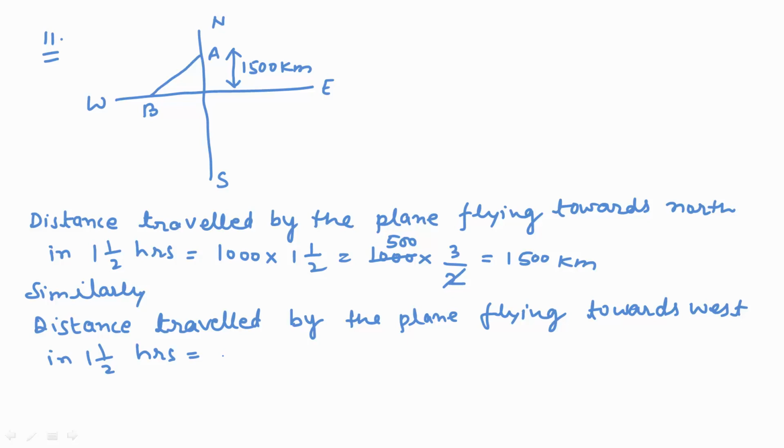So distance will be speed into time. This will be equal to 1200 into 3 by 2, this will be cancelled out by 600 times, and 6 3s are 1800 kilometer.